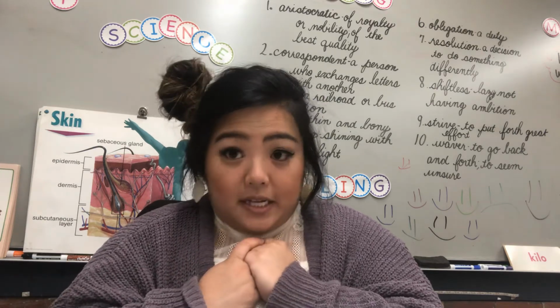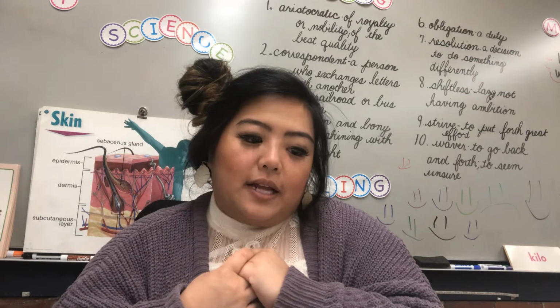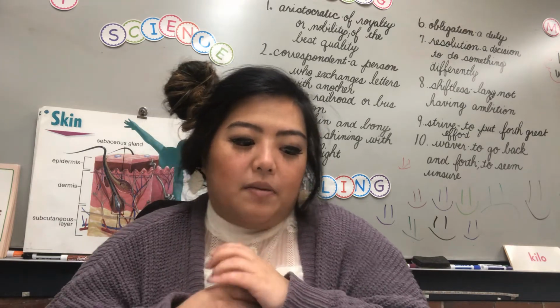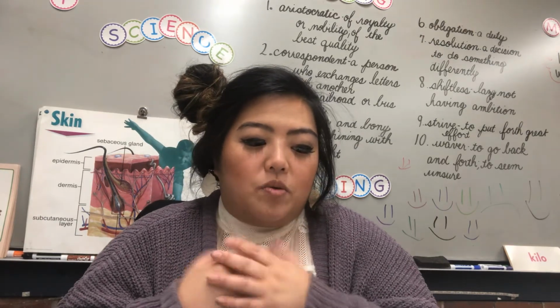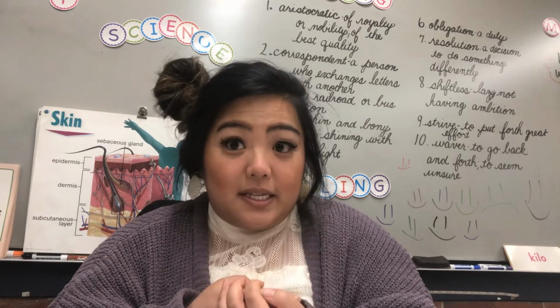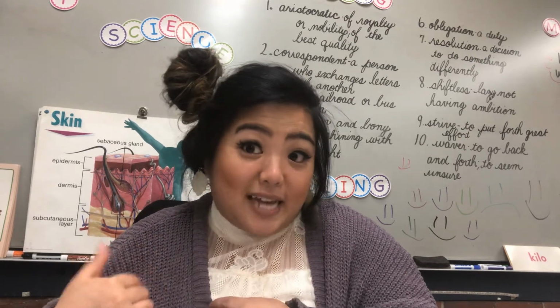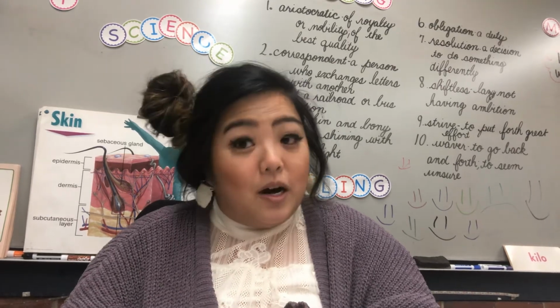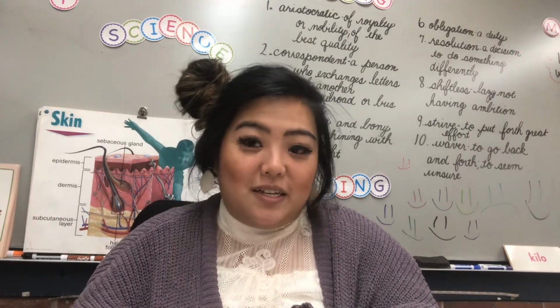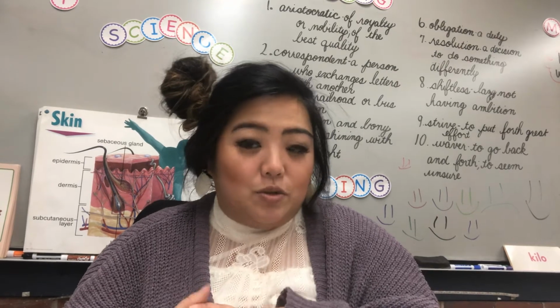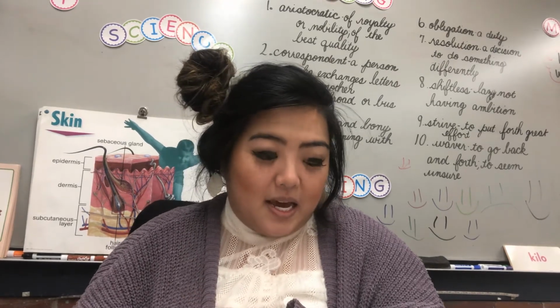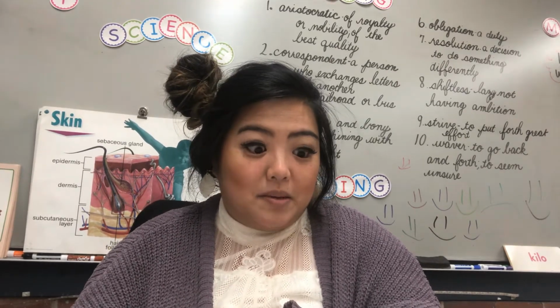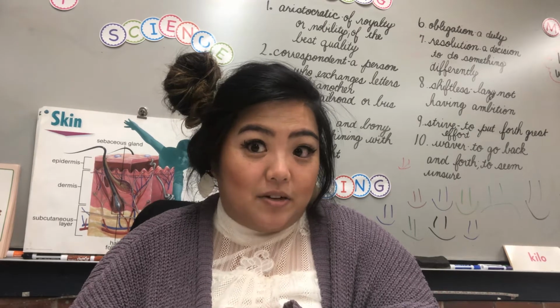You might notice that you have more layers in certain places than others. For example, when you sit down, you might notice you have a lot of layers down there, which also helps if you were like me and you got into trouble as a kid, because those layers help.